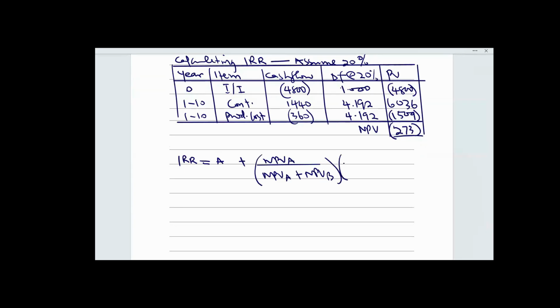multiplied by higher discount rate minus lower discount rate. Lower is 17%. NPV of 17% is 232, over 232 plus NPV of higher, 273, times higher discount rate of 20 minus lower discount rate of 17.